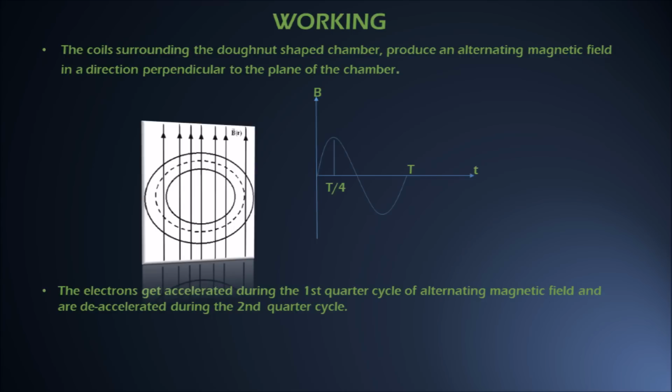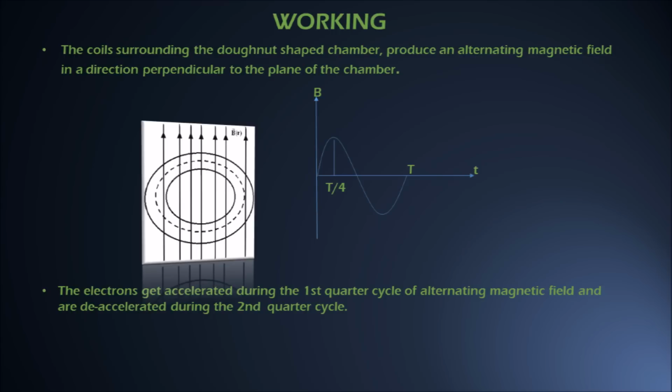The arrangements are made in such a way that the electrons do not follow a spiral-like path as it happens in case of a cyclotron, but the electron follow a circular path of a fixed radius. All this process takes place during the first quarter of magnetic field cycle.